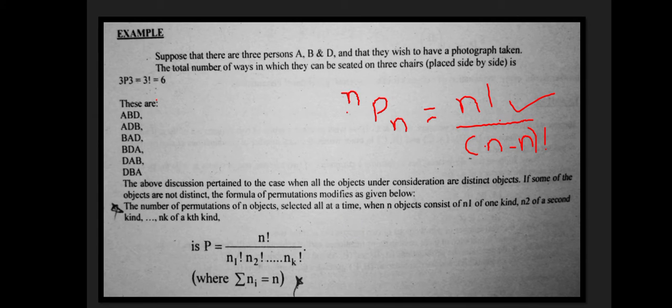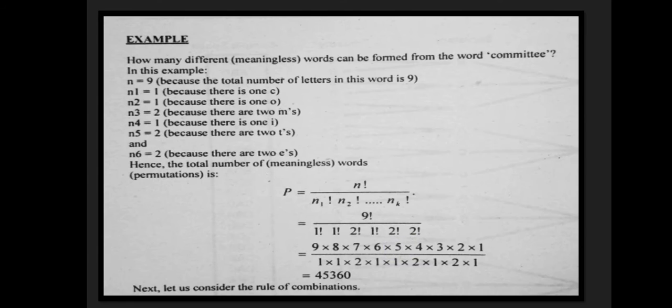Now let's see the next example, in which the objects under study are not distinct. Because the objects are not distinct, we will use another formula, the modified form of the previous formula for permutations. How many different meaningless words can be formed from the word committee?